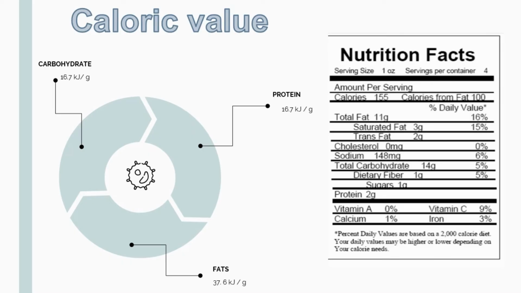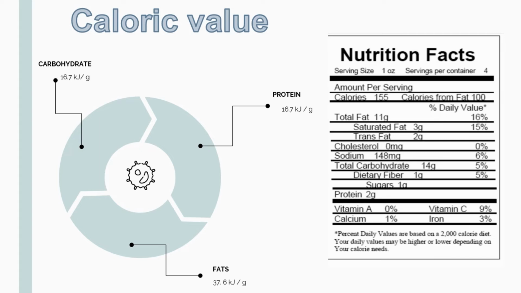Every food that you have eaten has its own calorie value. The pie chart in the slide shows carbohydrate and protein have 16.7 kJ per gram, while fat has 37.6 kJ per gram. So when you eat a full portion of carbohydrate, protein and fats, you will get an overall amount of calories taken in.